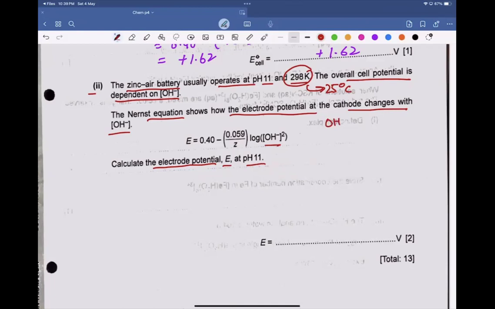So from the pH 11, can I find the concentration of hydroxide ion exponent minus 11? No, sorry. I am able to find the concentration of hydrogen ions.